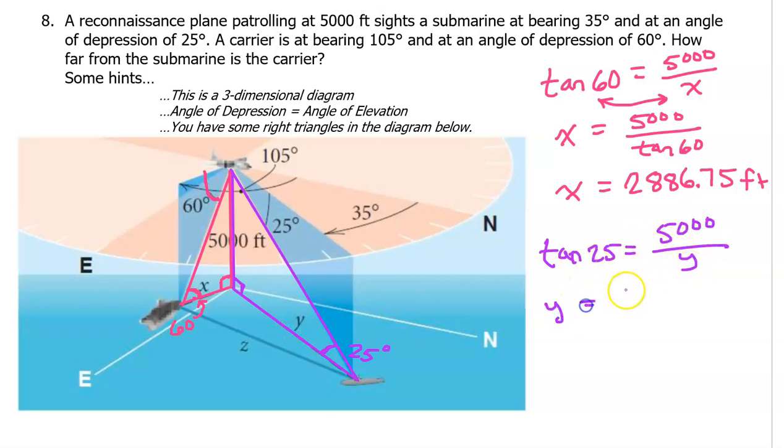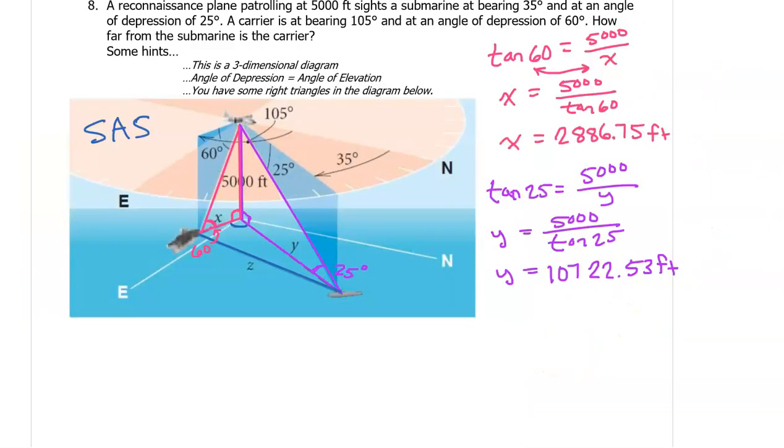So we will have y equals 5,000 over the tangent of 25. So that comes out to be 10,722.53 feet. Now we have x and we have y, so it's time to find z, which is what we were really looking for all along.